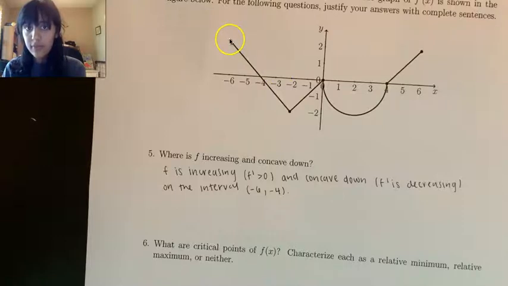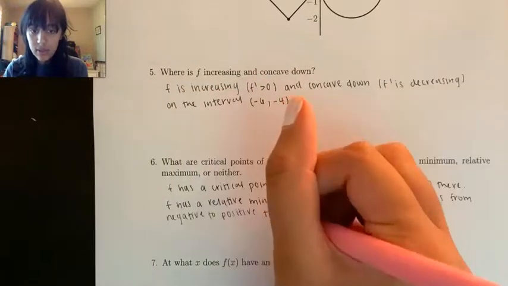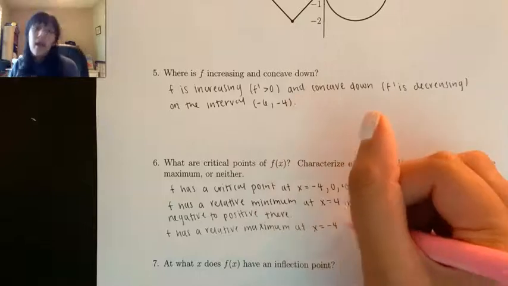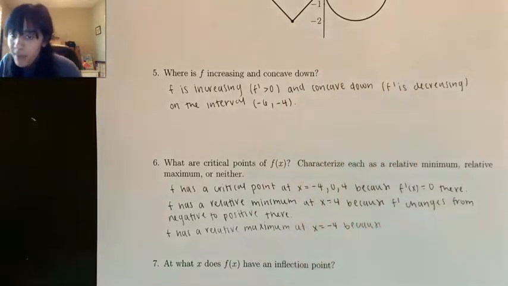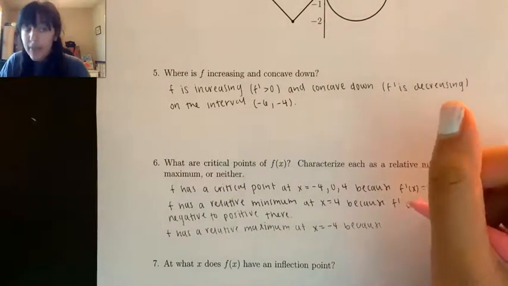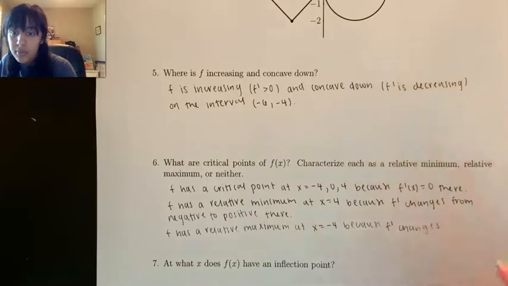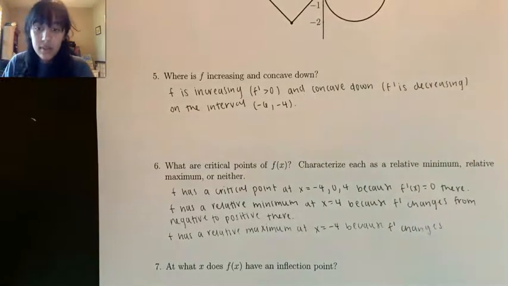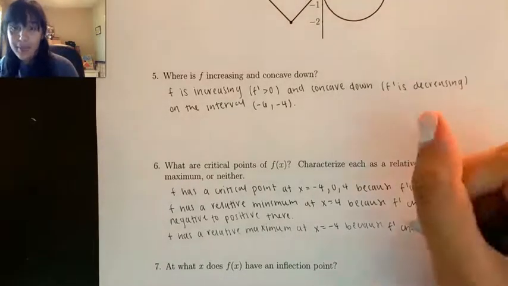So it's going from positive to negative, which makes it a relative maximum. So let's skip ahead. F has a relative max at x equals negative 4 because f prime changes from positive to negative at that point. Sorry, my pen ran out of ink there, so I just have to make a quick change and we'll keep on writing.